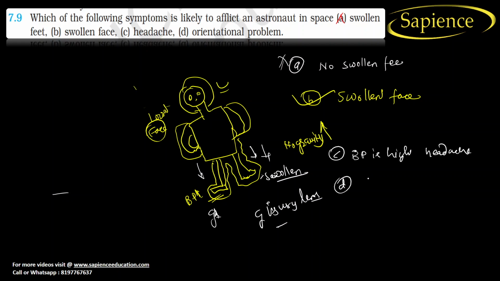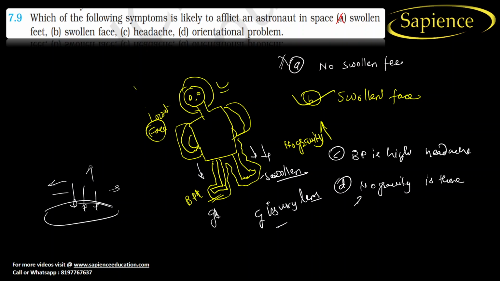Now the orientation problem. So this is very important. Orientation means what? See here, on earth the gravity is always acting downward. So you will know which direction we are going, which direction not. So we have no orientation problem. But in space, no gravity is there. So no orientation.